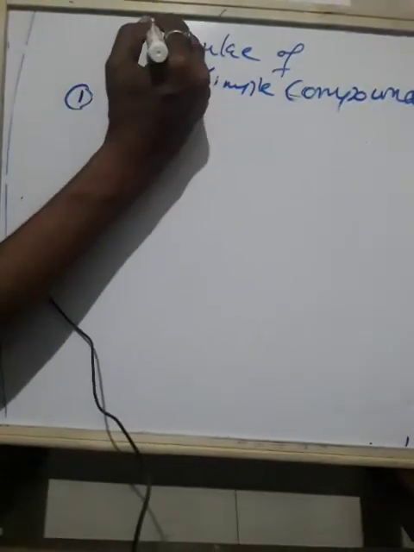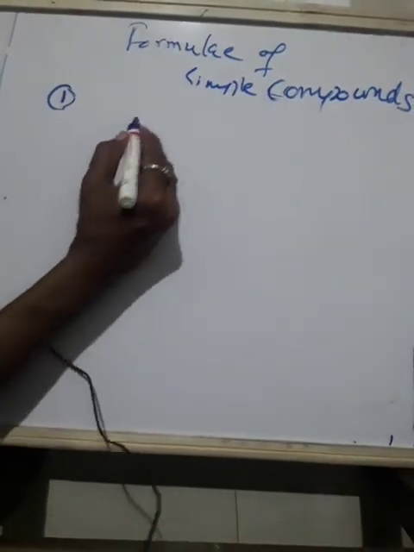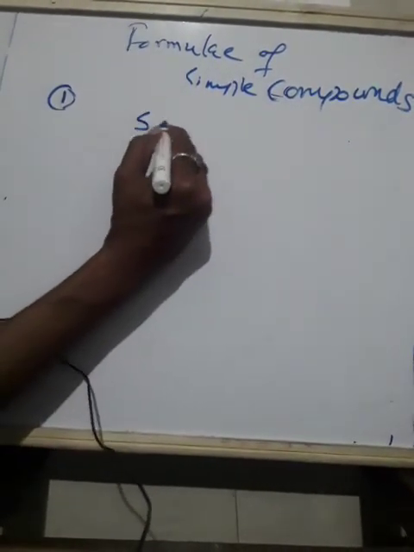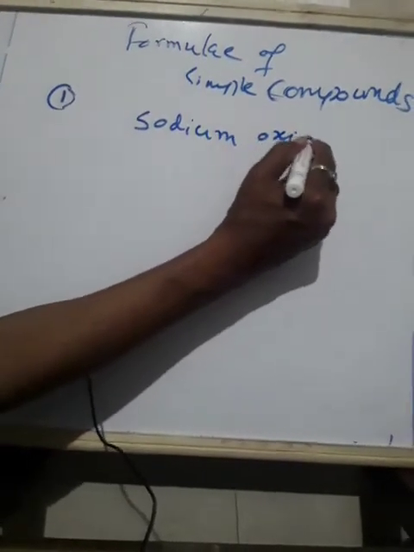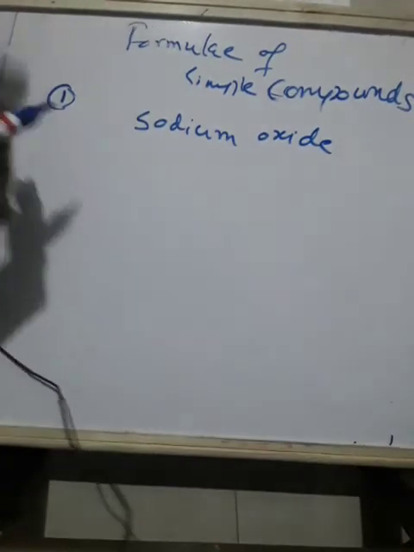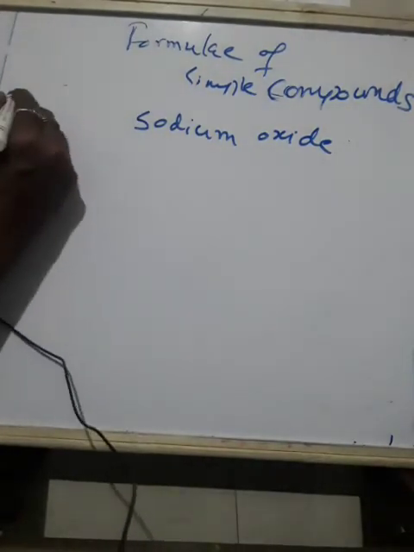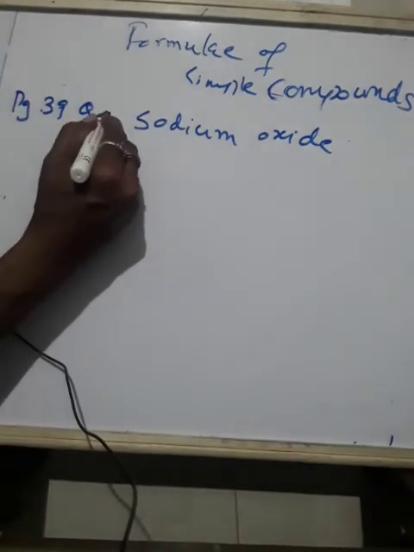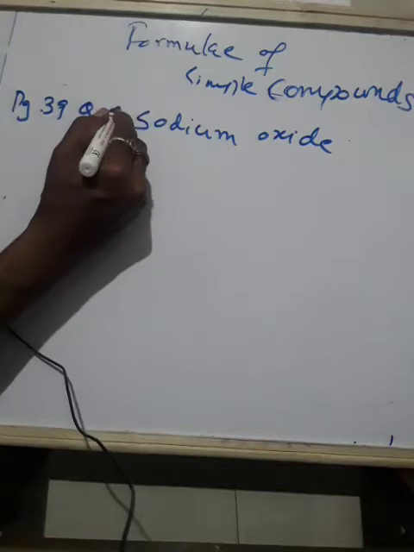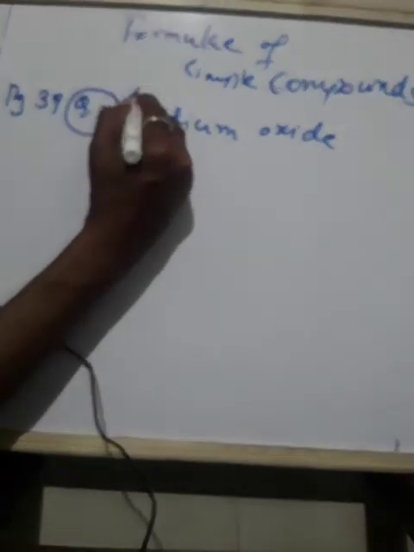Table 3.6 is very important, so we should know the table also. Page number is 39, question number 1. This is the first one.